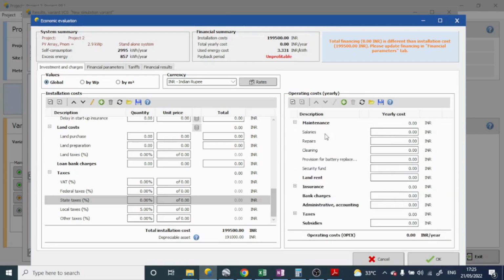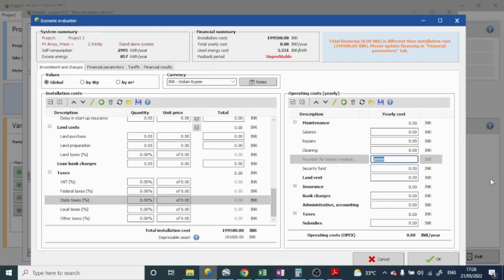Here we'll take the maintenance as the salaries, repair, cleaning, provision of battery replacement, security fund. Provision of battery replacement, we can take it as 200, and 2000 maintenance charges we can take. Or if the EPC contractor is repairing or taking care up to 5 years, then the lifespan of a battery is almost 5 years only.